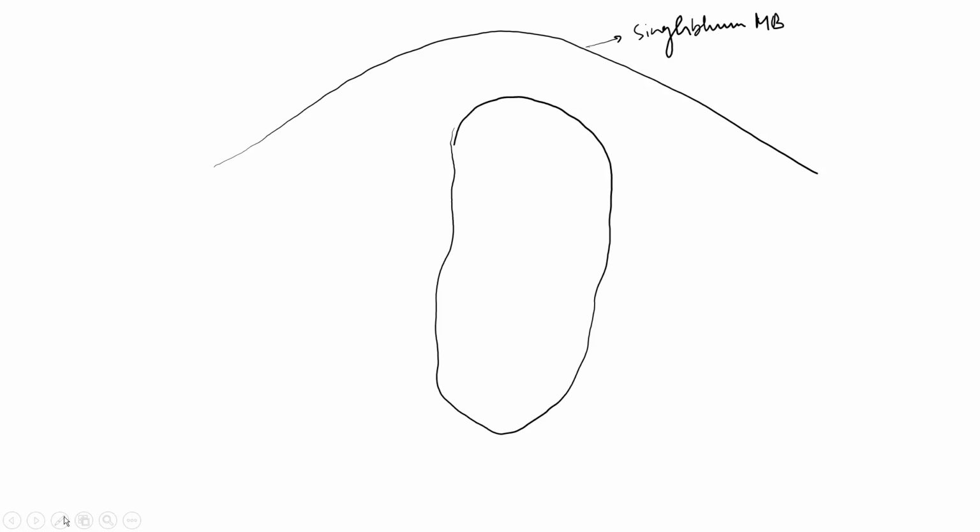We have a large body which is called the Singhum Granite central portion. You all remember this? It is flanked on the eastern part by two volcanic flows, the Dhanjori flow and the Simlipal.